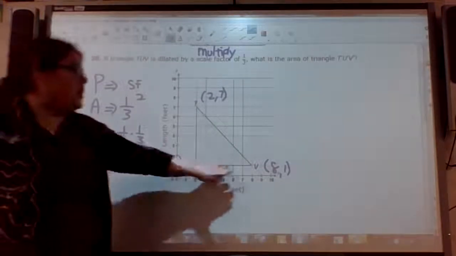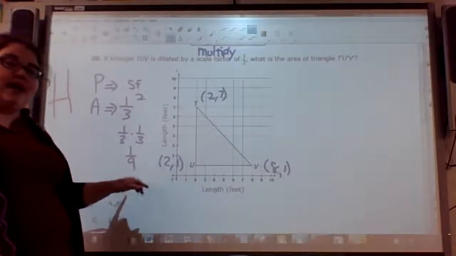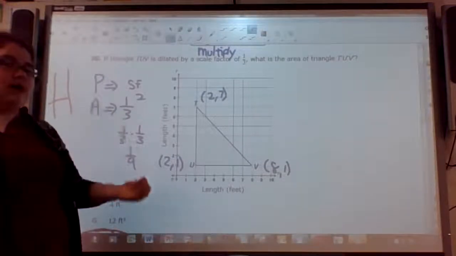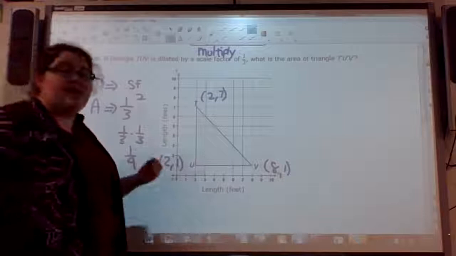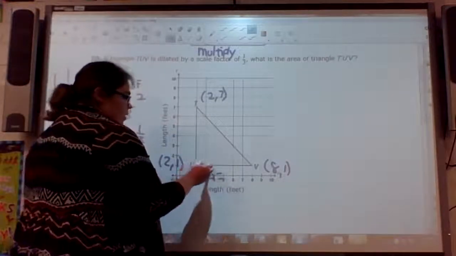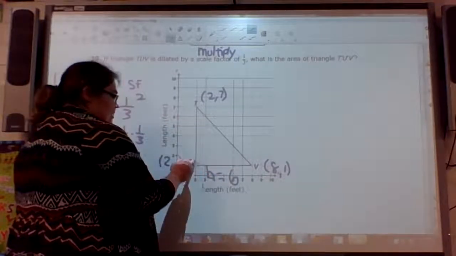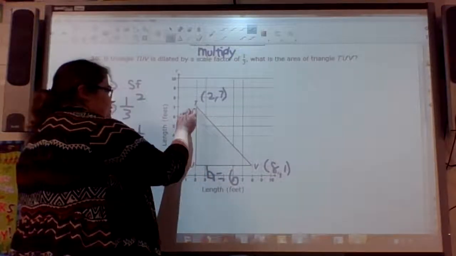So whatever the area is for this triangle, if I multiply it by 1/9, I get the area of my new triangle. So let's find the area of this triangle. My base is 1, 2, 3, 4, 5, 6. My height, 1, 2, 3, 4, 5, 6.